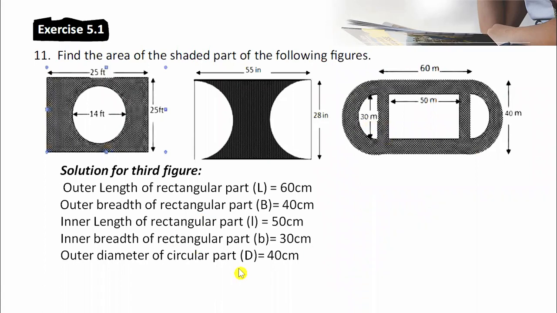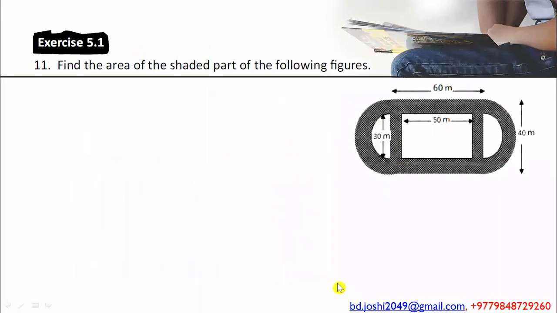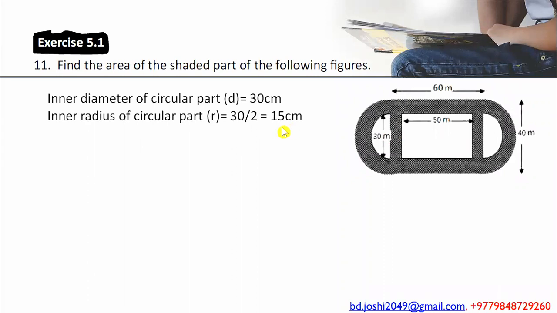Similarly, for the outer diameter of the circular part, this is the diameter, 40. And if it is divided by 2, we will get the radius. Similarly, inner diameter for the circular part is 30. If it is divided by 2, we will get the radius. And the question is to find the area of the shaded part.